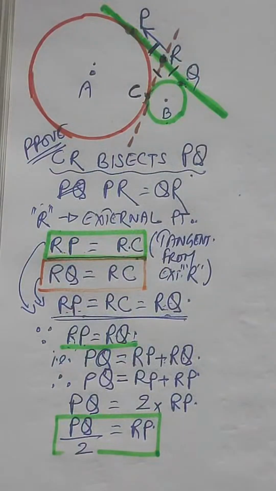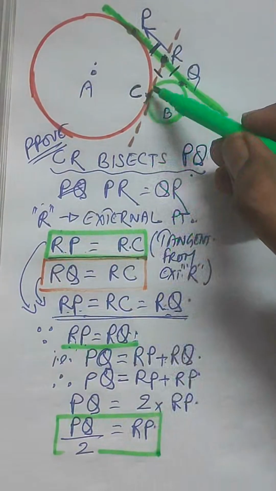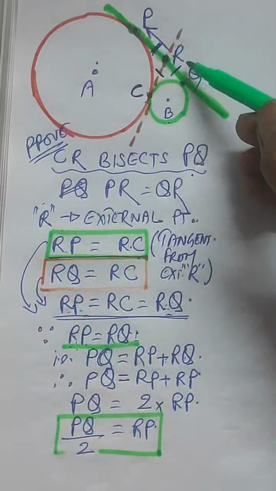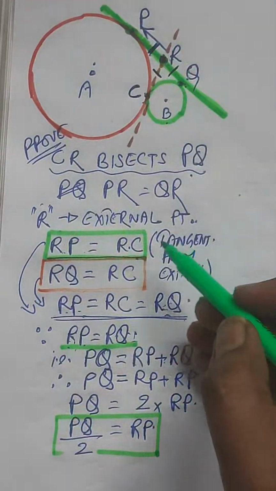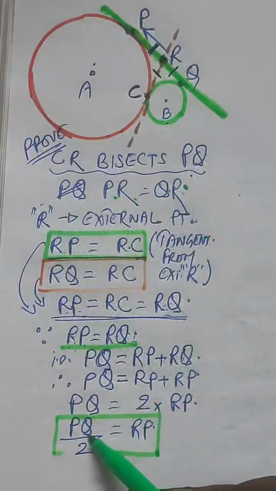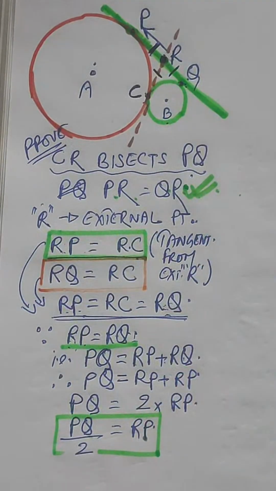So we are able to prove that the tangent through C, which is intersecting the tangent PQ at R, is bisecting it, right? Therefore we can say that PR equals QR, or it bisects it equally. So this is proved, students.